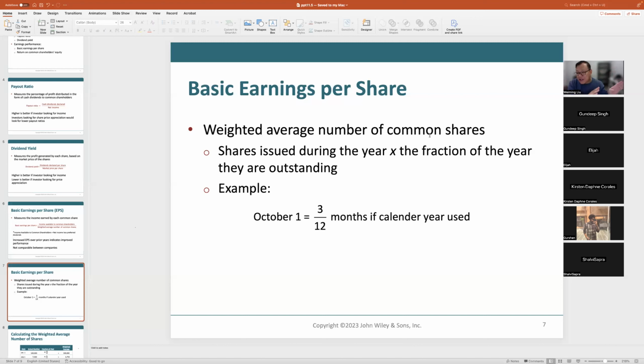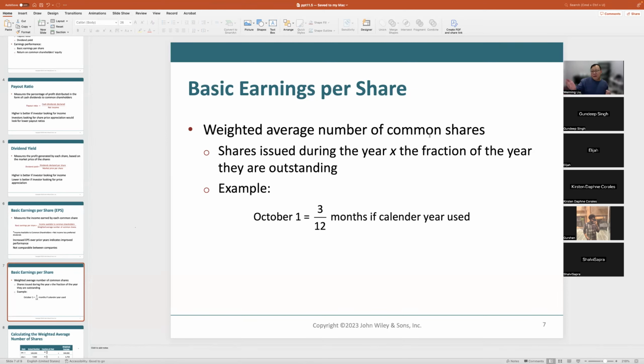The weighted average means we consider how long this holder has been holding these shares. The longer the period, the higher the weight. If you hold it for 12 months in the year, your weight would be 100%.